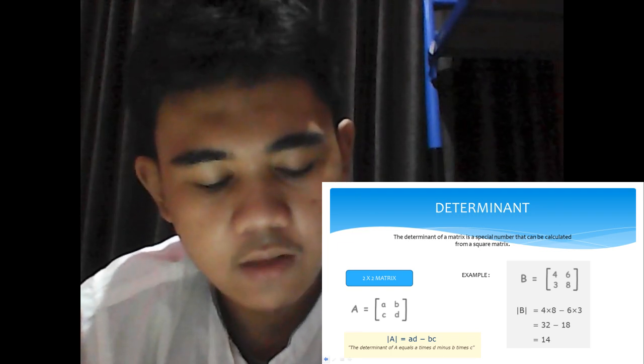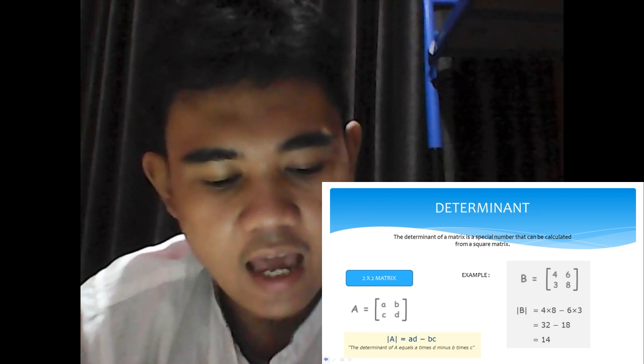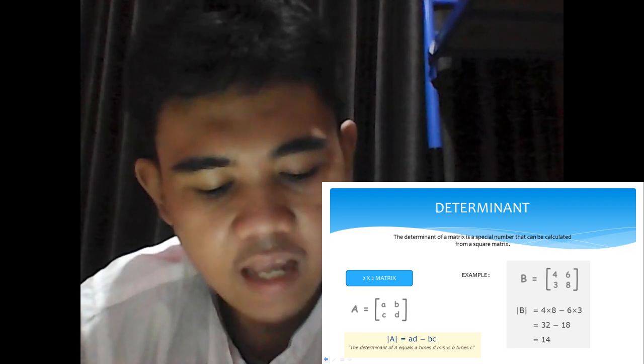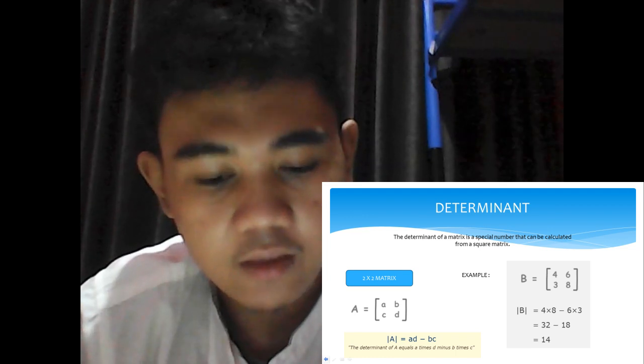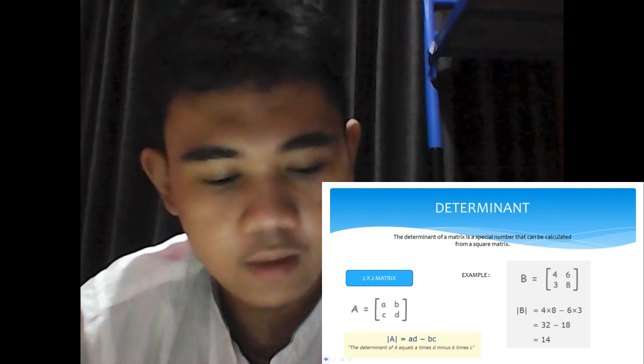Here is a 2x2 matrix: the determinant of A equals AD minus BC. For an easy example, with the numbers 4, 6, 3, 8, you calculate the determinant and the result you get is 14.